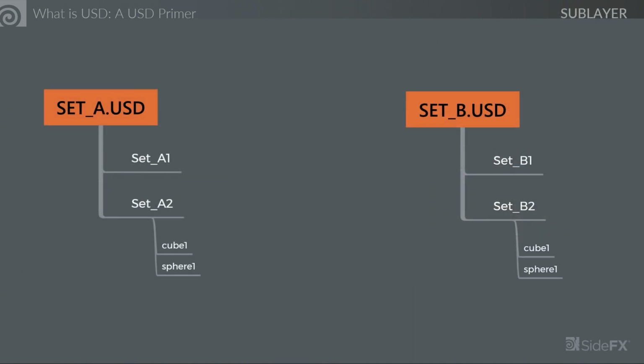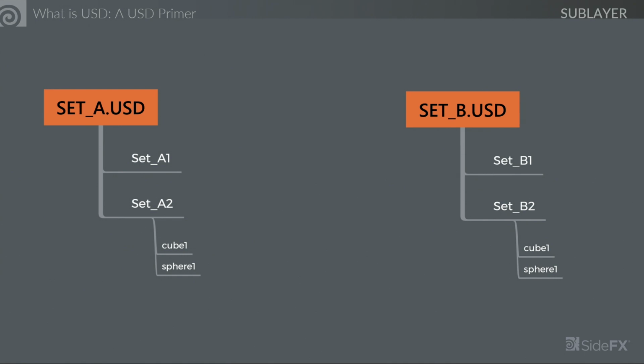In this example, we're going to lay one scene graph directly over top of another. Imagine two very simple hypothetical USD files. In these USD files, each primitive has a unique name and place in the hierarchy.